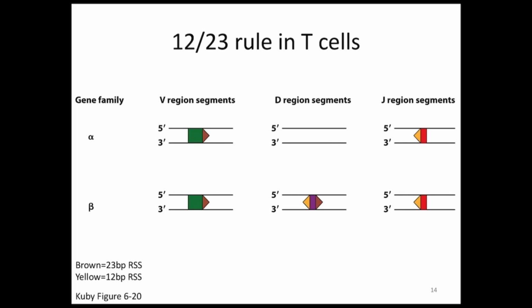Yep, Julie. In the beta section, the V and the J can combine because they're different RSS. Yeah, so one thing that could happen is that you could skip D. You could put V with J and just skip D entirely because the RSSs go together. In the B cell situation, you could never skip D because the RSSs wouldn't let that happen.